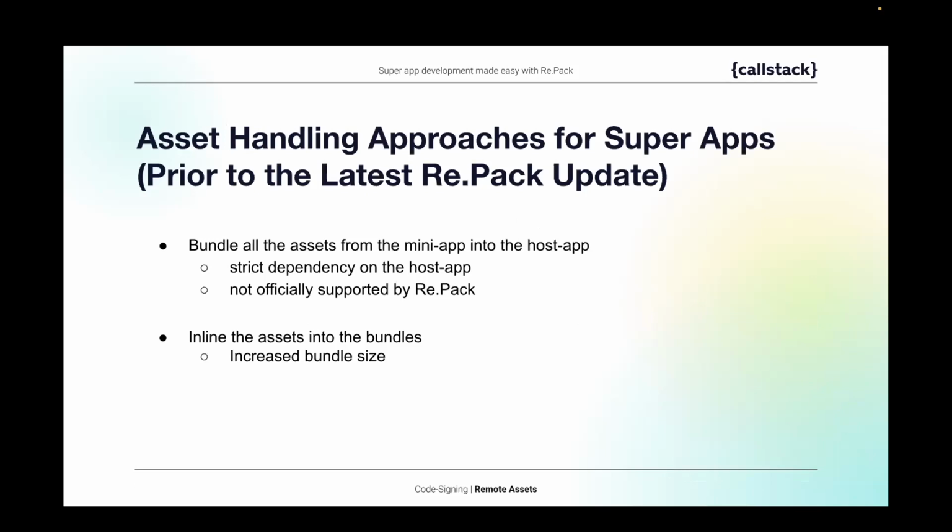Yeah, so before the update 3.2.0 of Re.Pack, we basically only had one way to load the assets if we wanted to utilize module federation. And that was inlining all of the assets into the bundle.